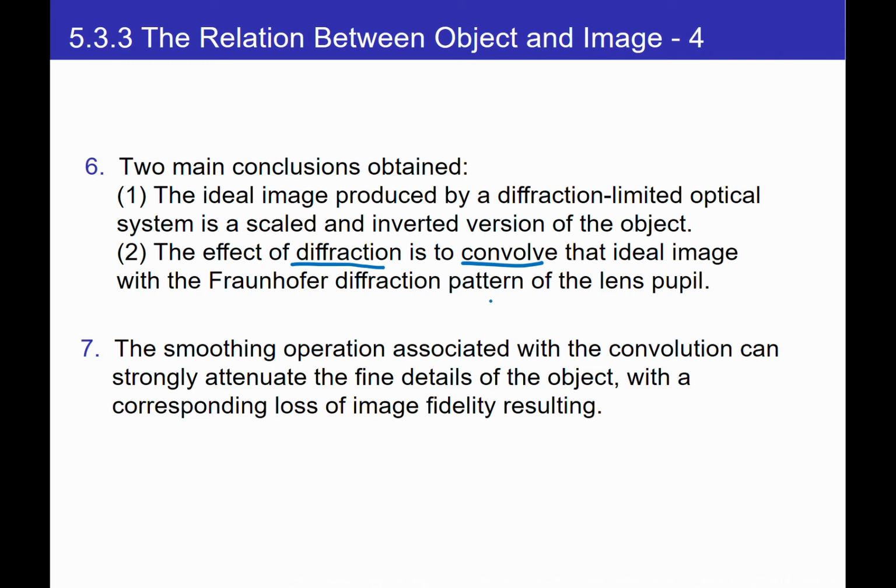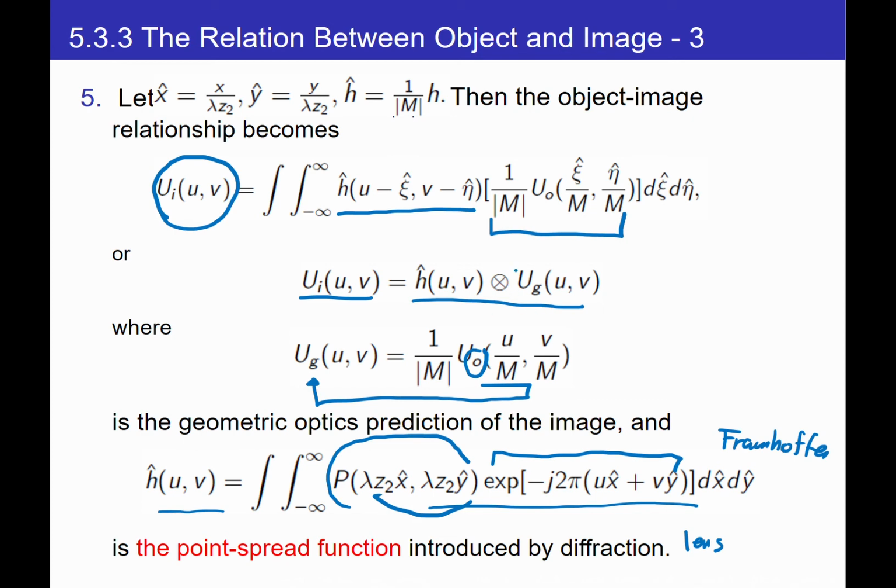Okay, so this is the main conclusion. So the geometrical image is convolved with the Fraunhofer diffraction by the profile function. Okay, so if the lens is circular, that's just a circular aperture.